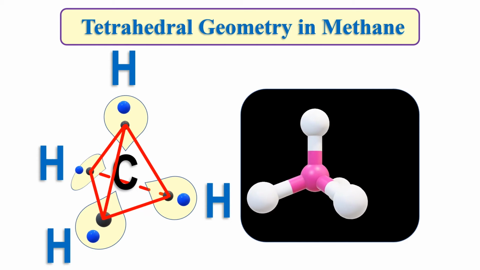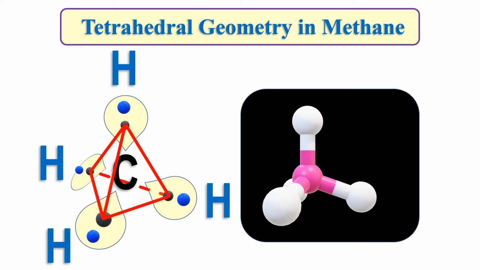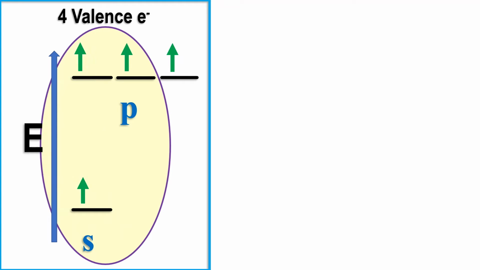Let's go back to our diagram. Not all four orbitals have to mix. In some cases, only three orbitals mix. The lowest energy s orbital can mix with only two of the three p orbitals. This will result in three hybrid orbitals.